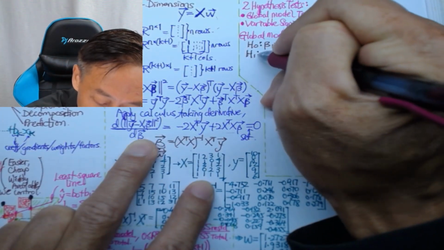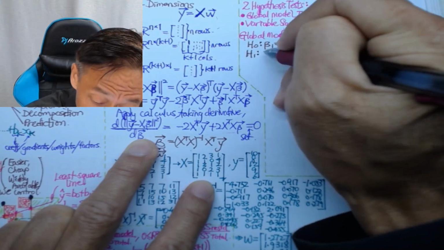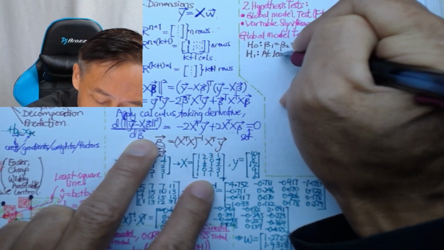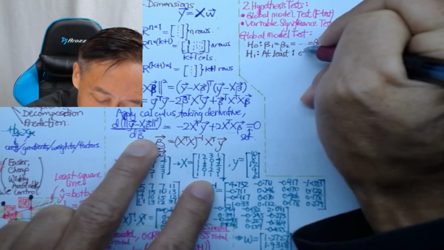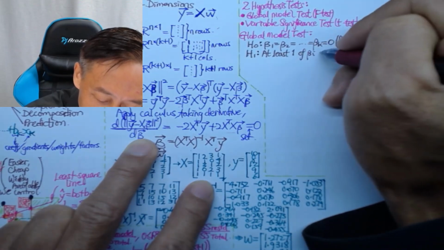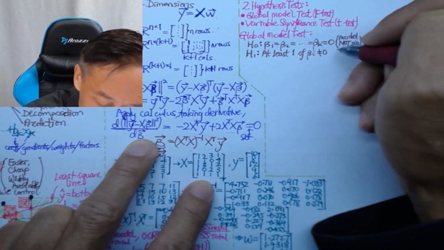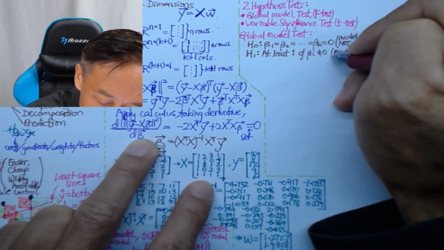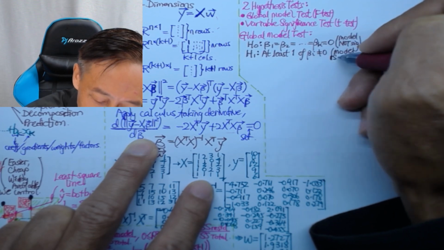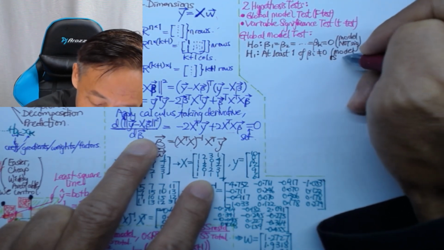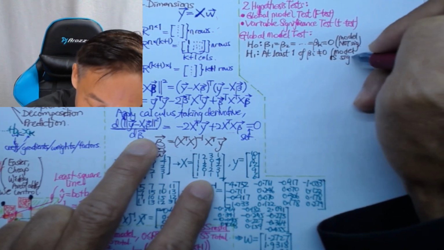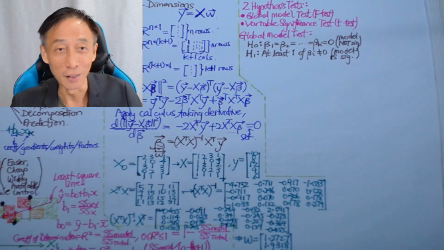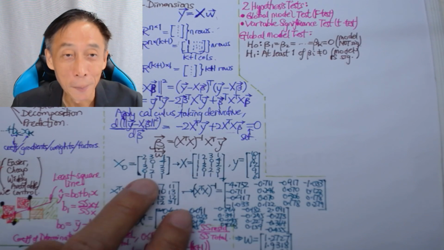And H1, at least one of the beta i's is not 0, which means at least one of the measurements is able to try to recreate the fluctuations observed in y.